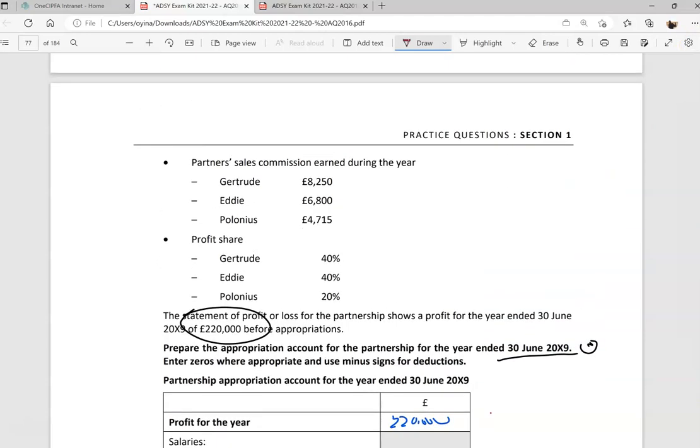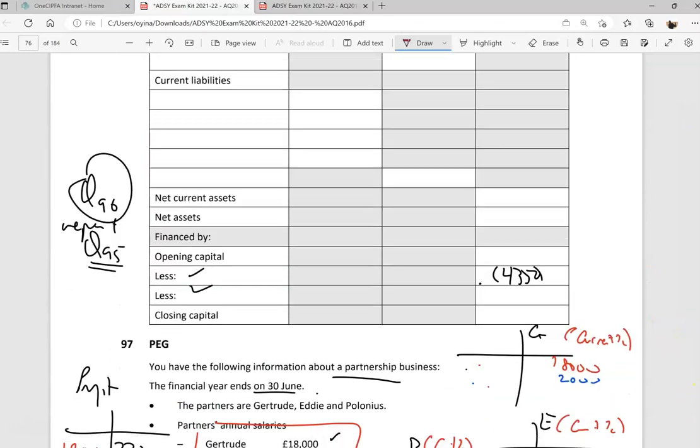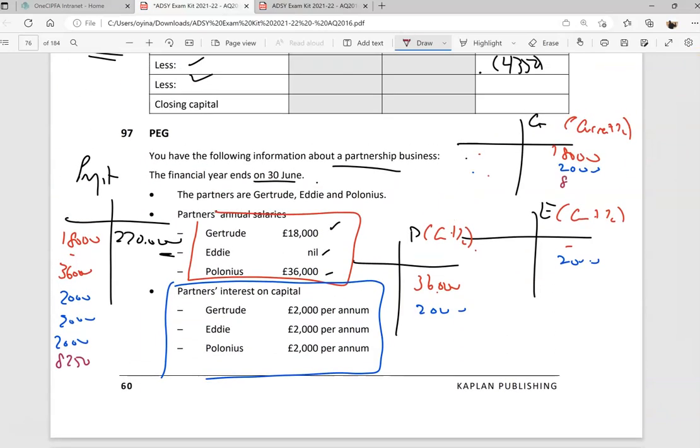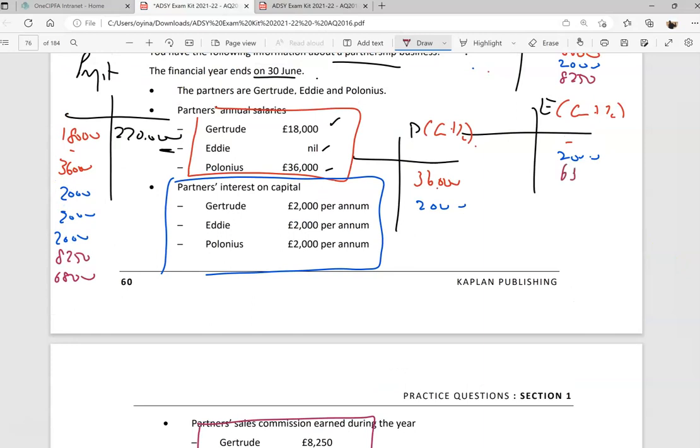And then there is this business here about the sales commission. The sales commission, again, these are all shares of profit. Let me do the double entry first. 8250, Gertrude. 8250. Then you have 6800, Eddie. 6800.